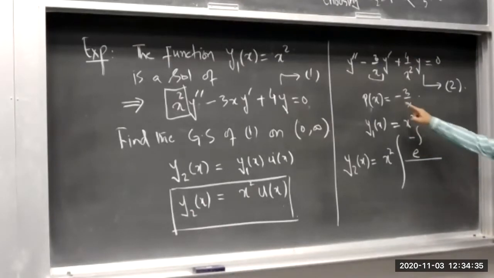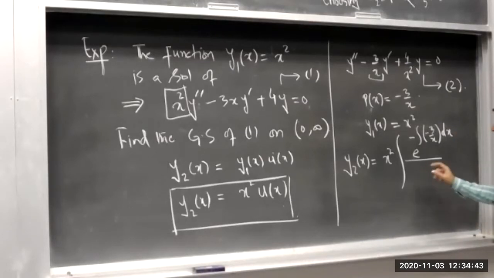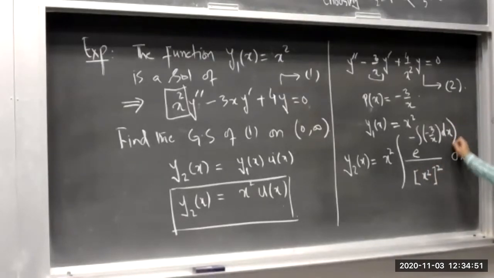Negative p of x is minus 3 by x, so minus minus becomes plus here. We get this divided by y1 of x squared, so y1 of x is x squared, whole dx. So you have to simplify this in order to get y2.